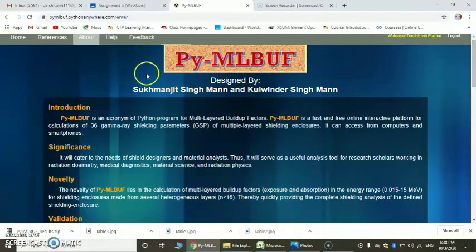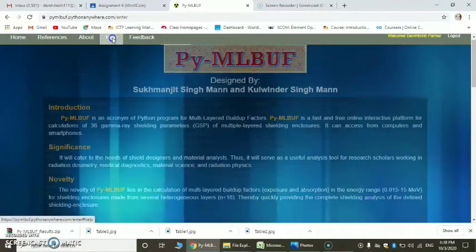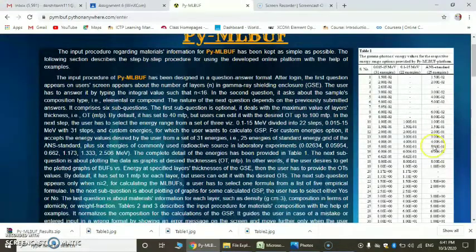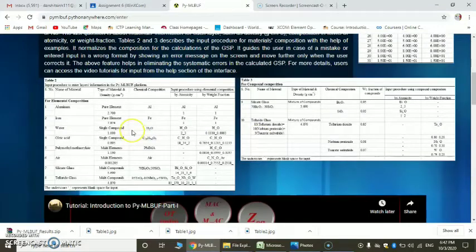So let's go to the help section. Here we have the description for how to use the platform. So here we have table 1 for photon energies, then table 2 for elemental composition, and table 3 for compound composition.